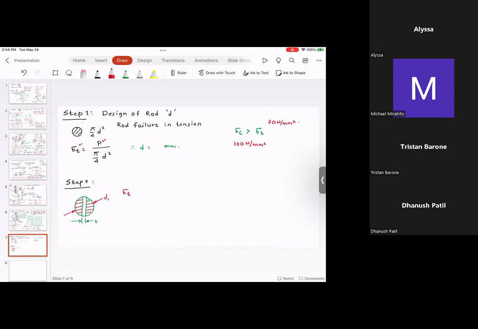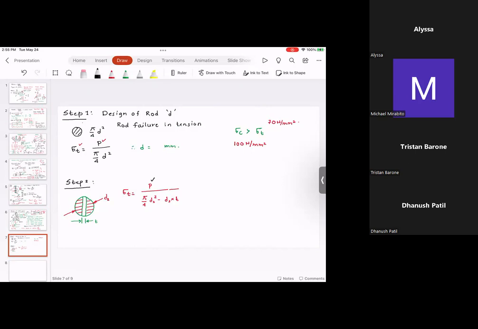So sigma t is equal to P divided by pi by 4, actually this is D2, D2 square minus D2 times t. So now here we have a problem. Check this out.